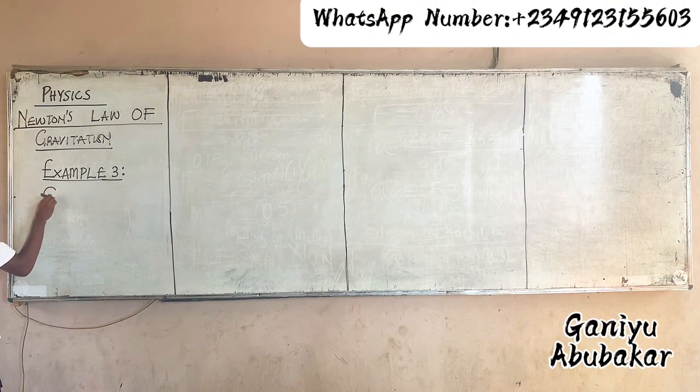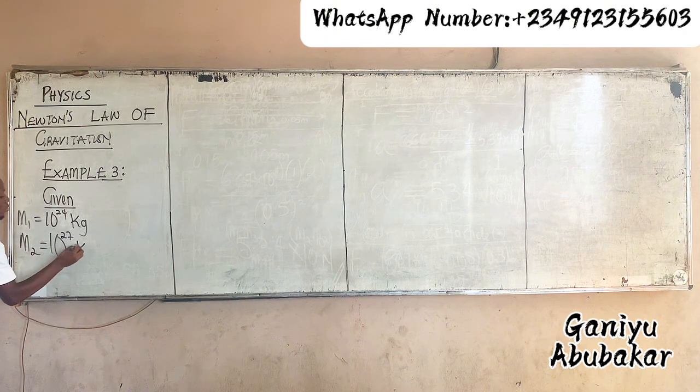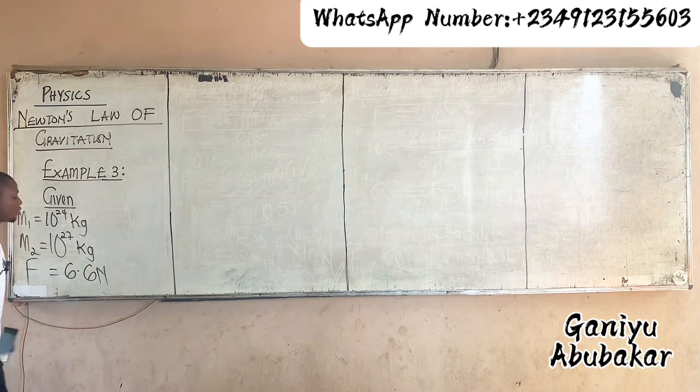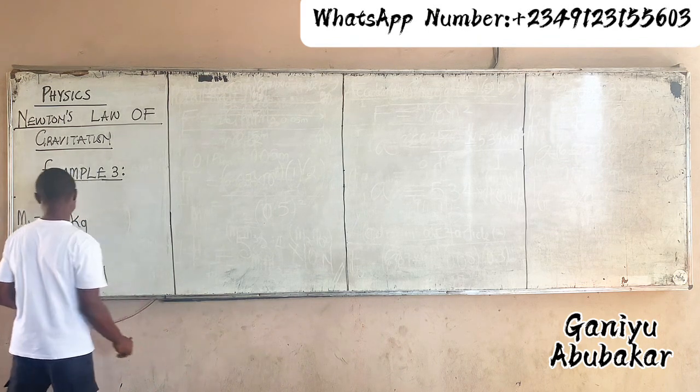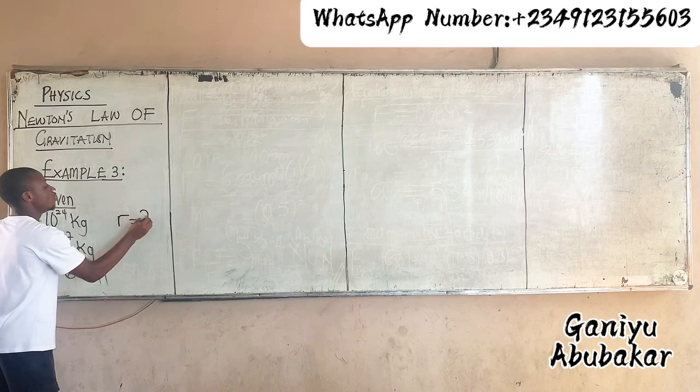Given: m1 is 10 to the power 24 kilograms, m2 is of course 10 to the power 27 kilograms, and the force is 6.6 Newtons. I'm asked to find r, so distance r is unknown.